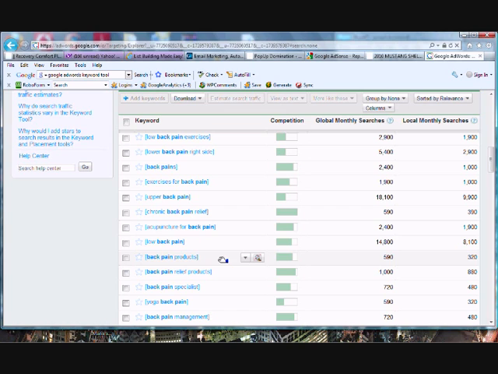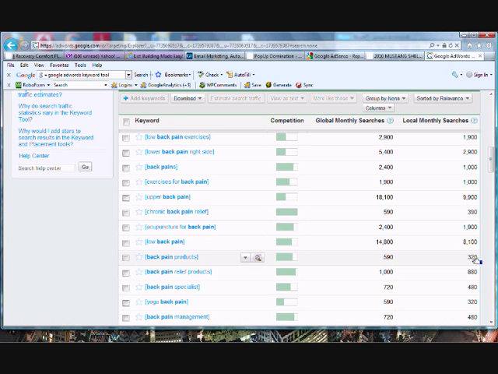It's still kind of broad, but I might look under back pain products to start with, and then I find the product I'm selling, which is like a mattress type of thing. It is perfectly suited to my needs, so the chances of me buying it are quite high.